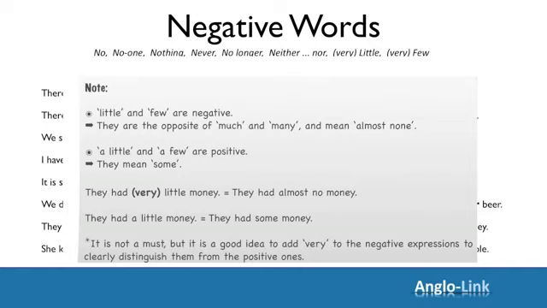Right then, let's look at some special cases. The special cases are where your word is in the subject position and you want to make it negative. The first group we should look at is all, everyone, and everything.